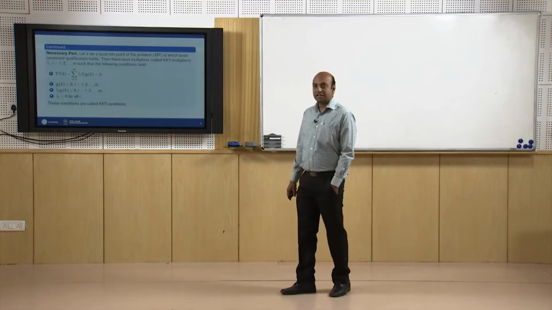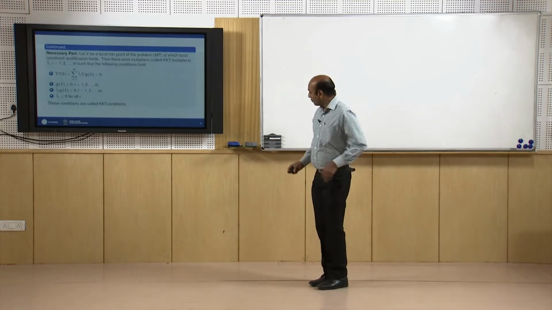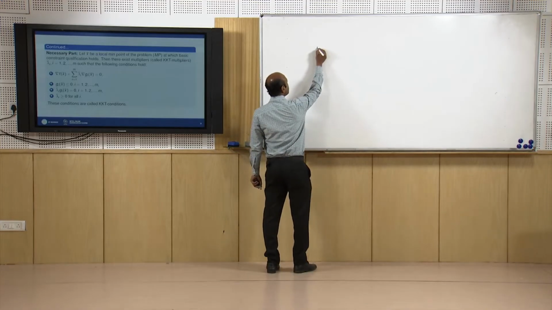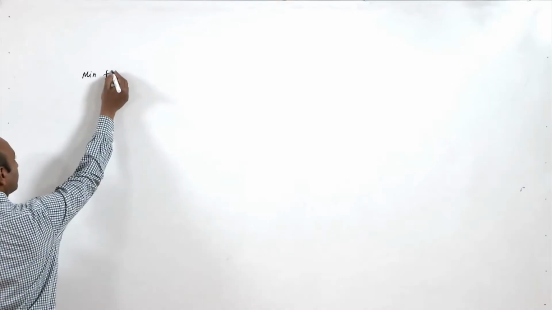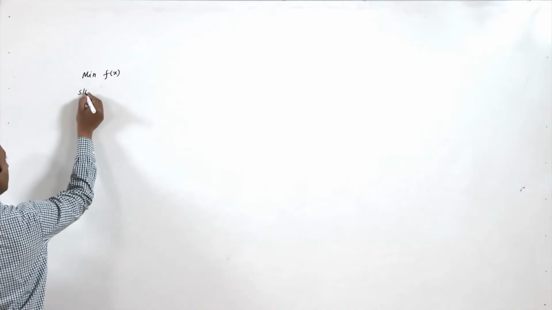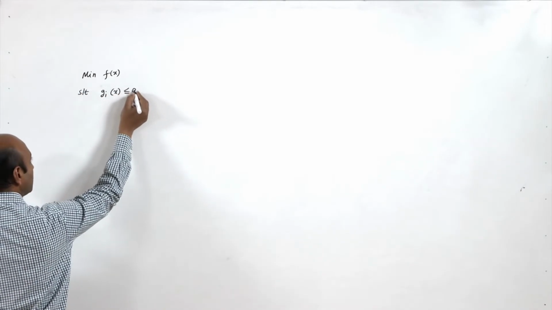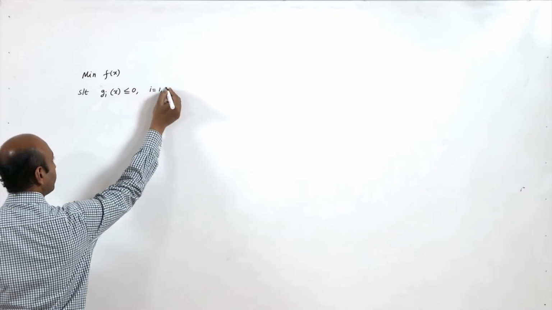Now, what is a necessary condition? What problem are we taking now? We are taking minimize f(x) subject to g_i(x) less than or equal to 0, i from 1 to m.